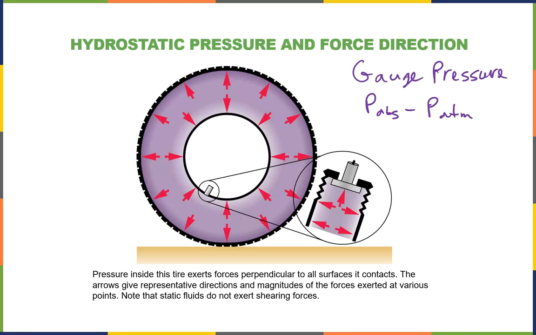So the scientific unit for pressure is newtons per meter squared, which we shorten to a Pascal, Pa. And 1 atmosphere is equal to 1.013 times 10 to the 5th pascals.